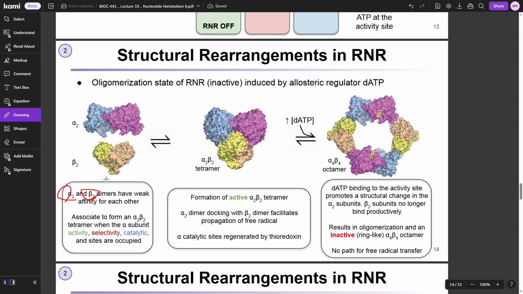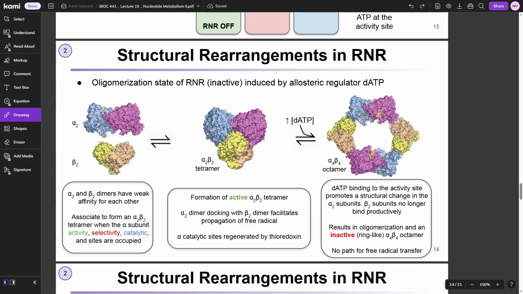But eventually they will associate to form this alpha-2 beta-2 subunit where all of these sites are available. But they only do that when the alpha subunit itself has all three sites bound, right? So that should hopefully make sense.